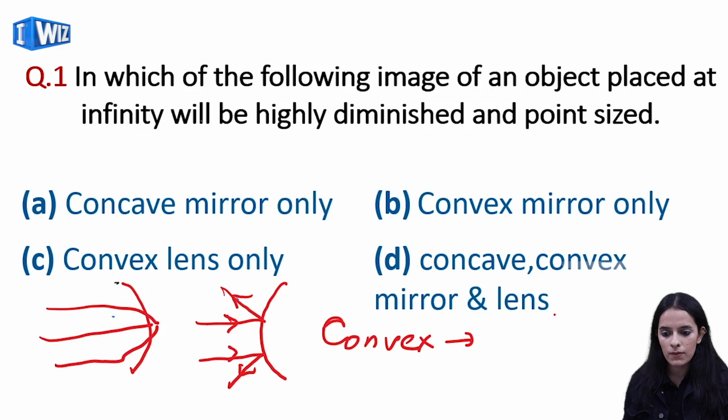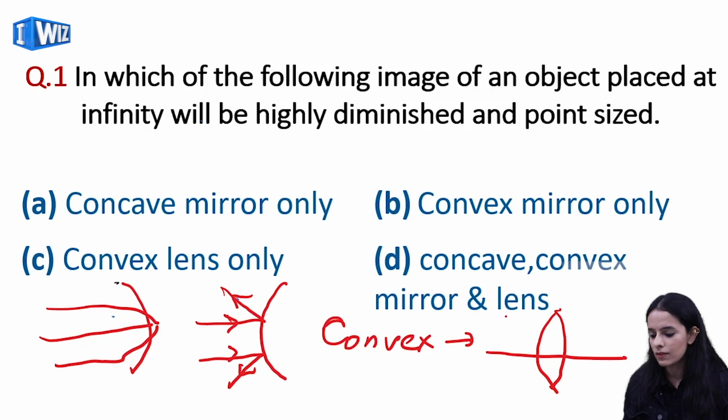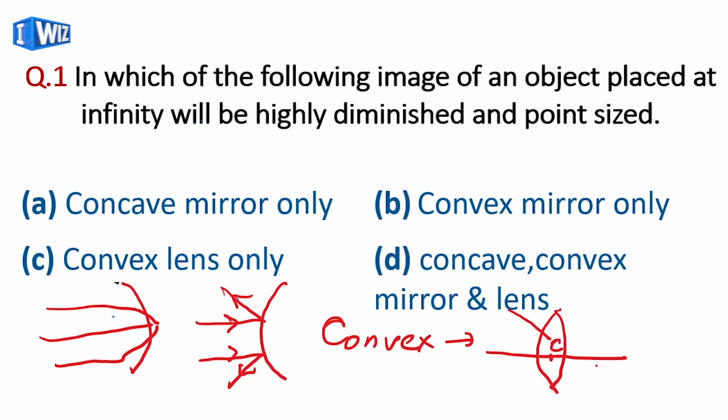If I take a convex lens, this one is a convex lens. Say a ray is coming from infinity. This one is the optical center, here is the focus, and here is the center of curvature.